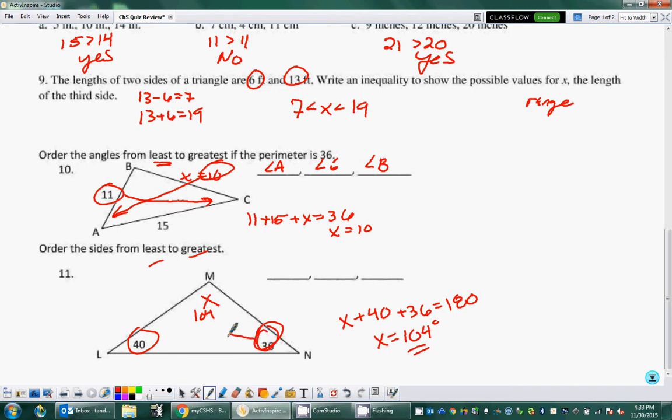So when I compare these two triangles, AC was the greatest in the first one, but in the other one AC wasn't the greatest. I had something that was greater. That was AD. So AD is my longest overall.